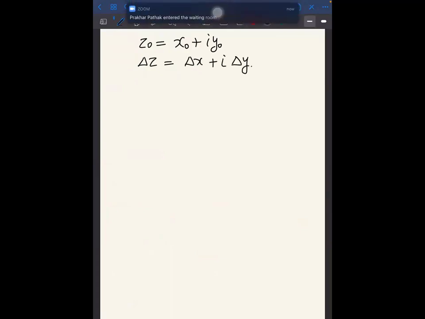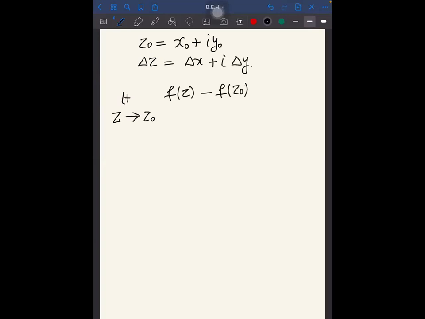So if I assume that this function is differentiable, all I want is the limit as z goes to z naught of f(z) minus f(z naught) upon z minus z naught should exist.